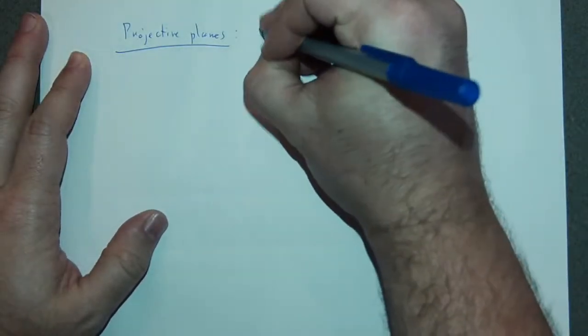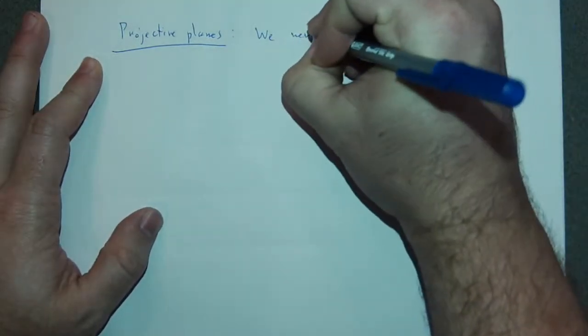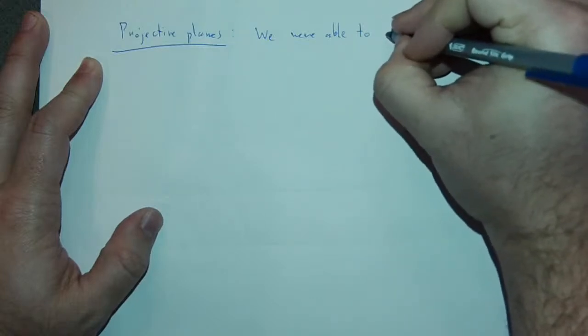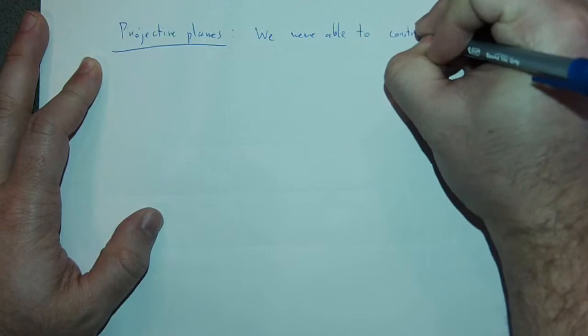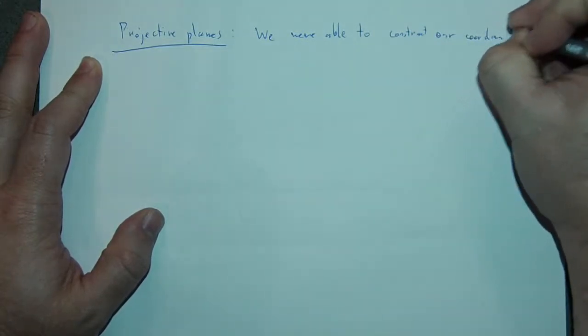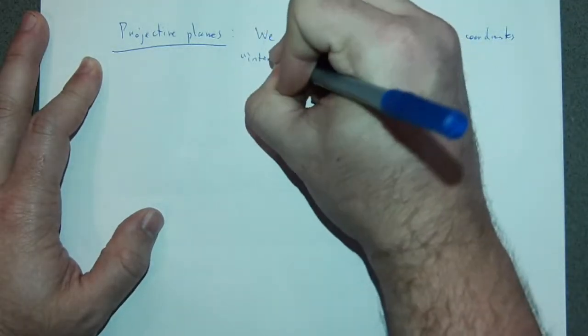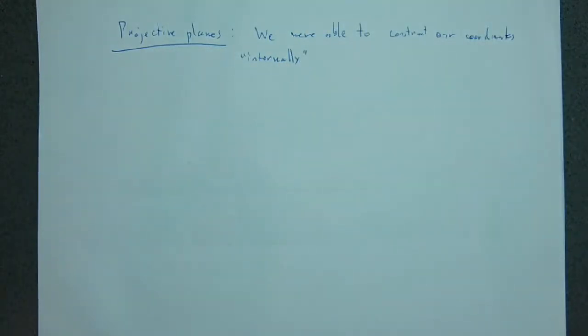And so, what did we use? We were able to construct our coordinates internally. As I've said before, what this means is that we didn't bring it in from outside.